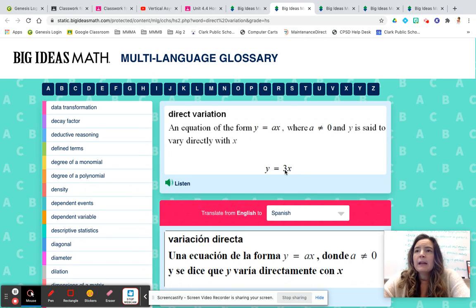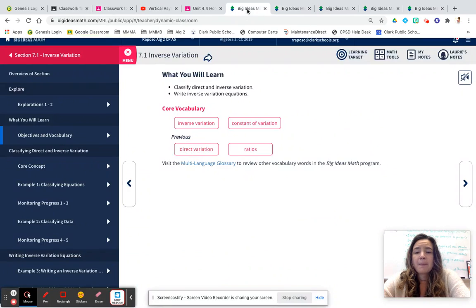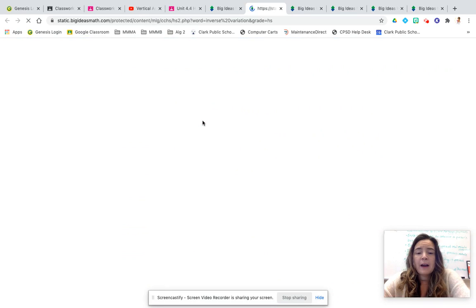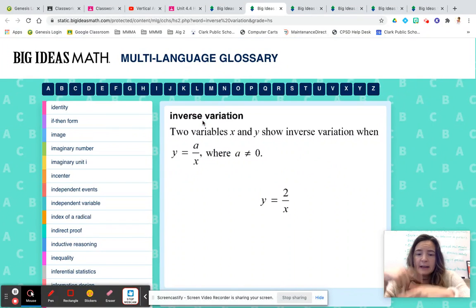It could be 3, it could be 100, it could be a decimal, could be 0.5 or a half, but the equation is going to be set up so it's always going to be x multiplied by some type of number. Okay, so y equals a, some type of number, times x. That's direct variation.